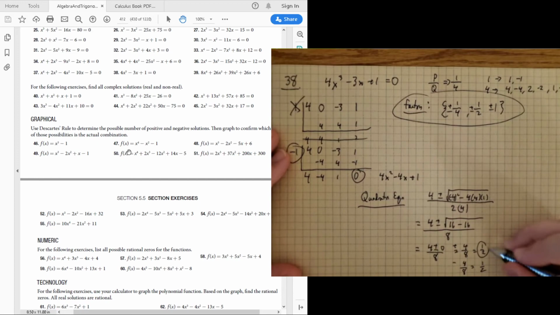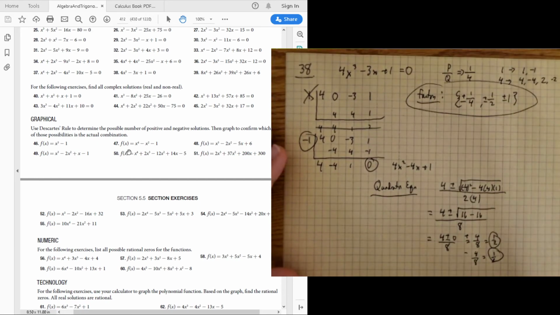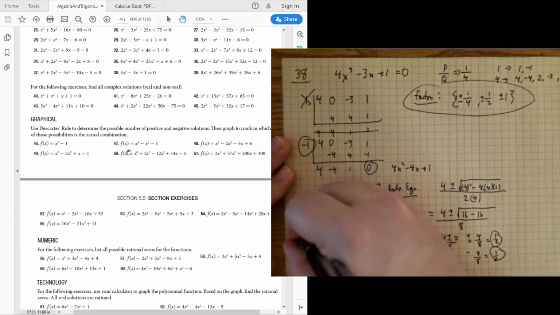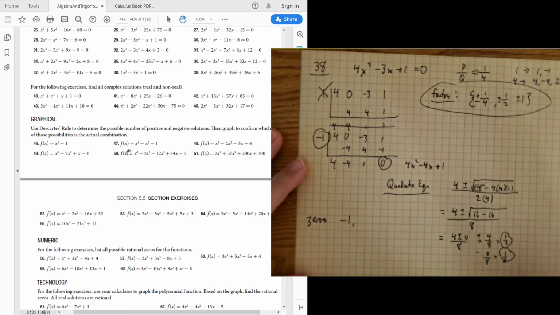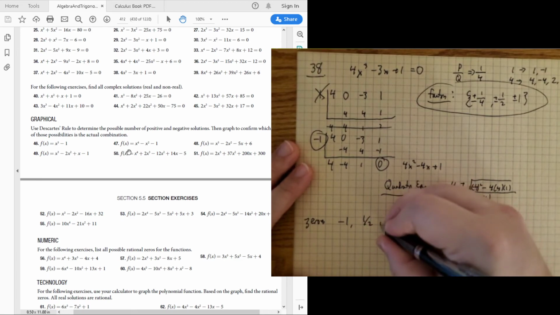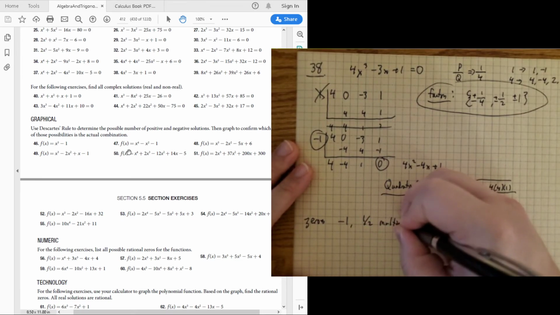Which means I end up with 2 of the same 1/2, which means I have, as my zeros, negative 1 and then 1/2 with multiplicity 2.